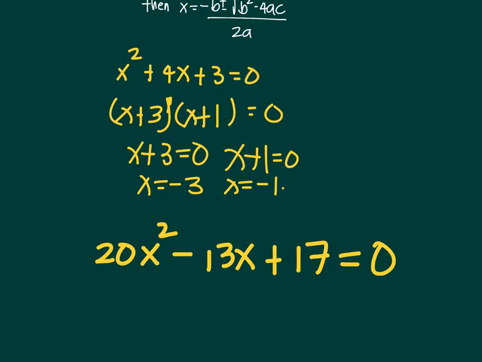Does that mean there is no solution to this equation? Well, the answer is no, because there is a solution. It's just that the factoring method will fail to find it.